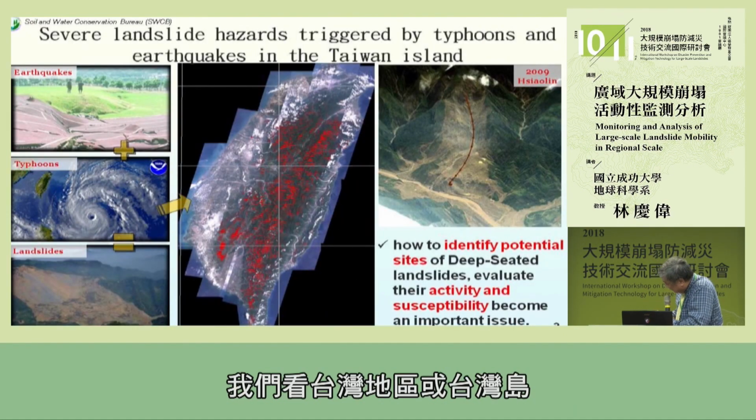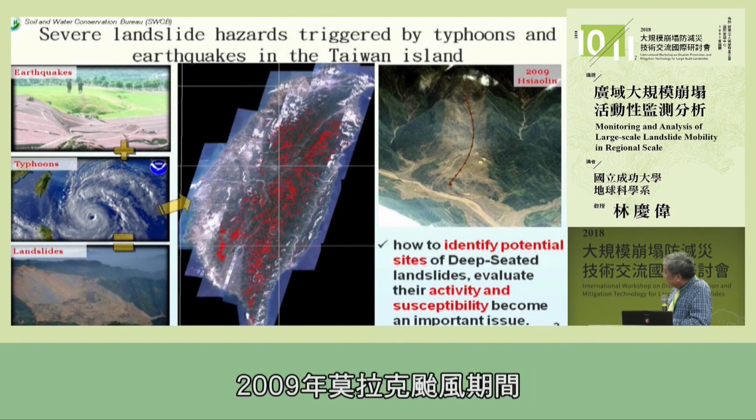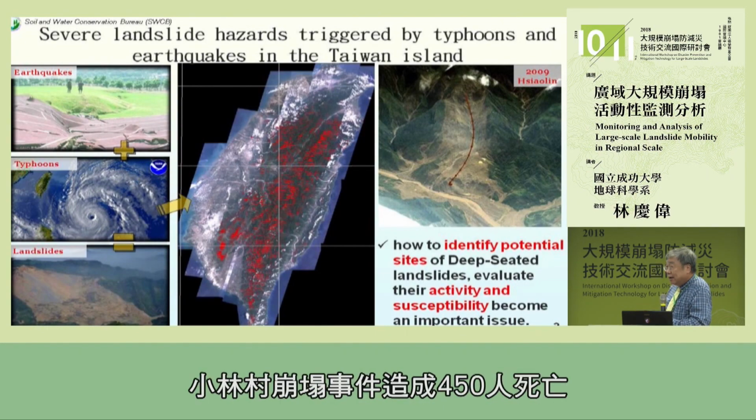If we look at the Taiwan area, we know severe landslides are usually triggered by earthquakes or typhoons. During Typhoon Morakot in 2009, the Shaolin landslide caused 450 casualties.